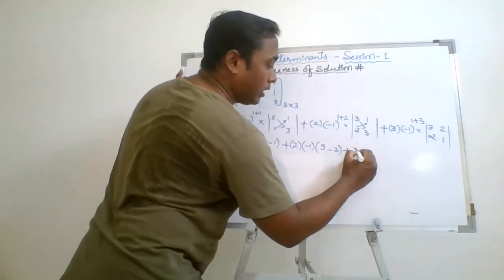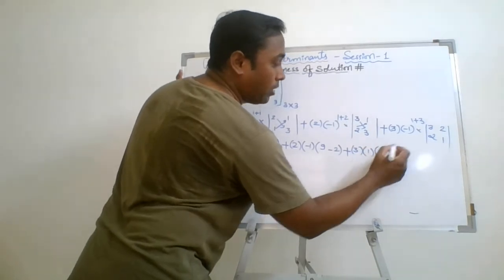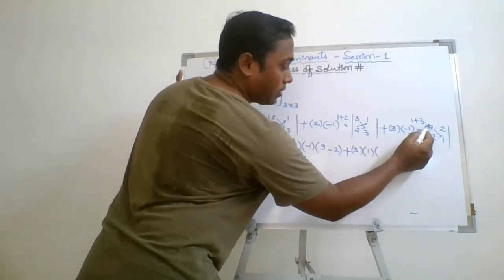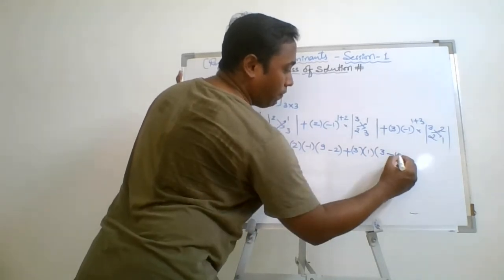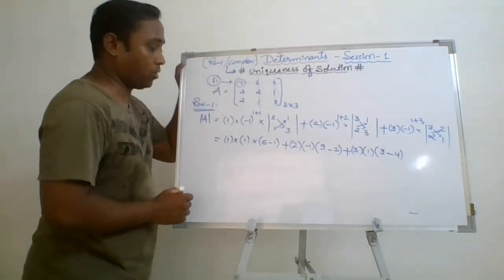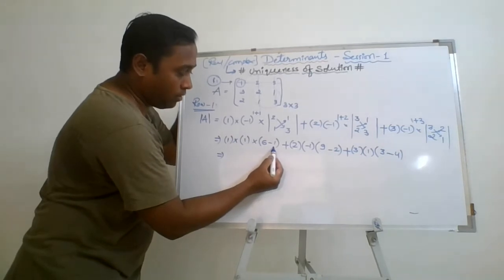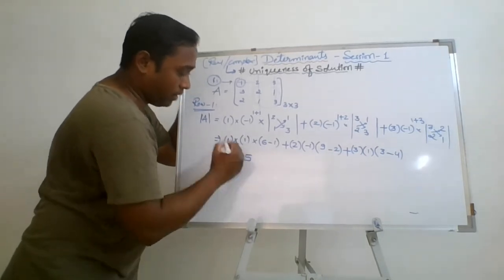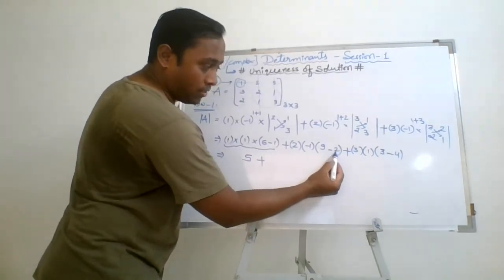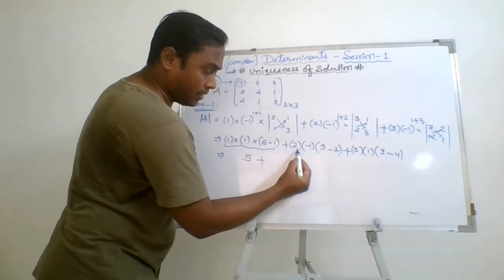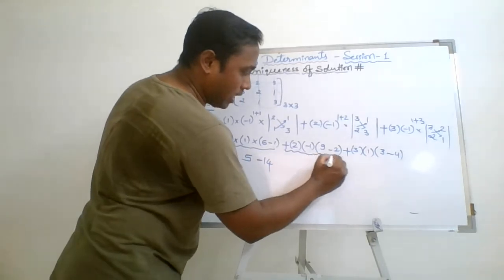Then 3 times minus 1 to the power of 4 is positive 1, into the determinant of the 2 by 2 matrix, that is 3 1s are 3 minus 2 2s are 4, crisscross. Then the product of these values: 6 minus 1 is 5, so 5 into 1 is 5 for the entire product, plus 9 minus 2 is 7 into minus 1, minus 7 into 2, minus 14.